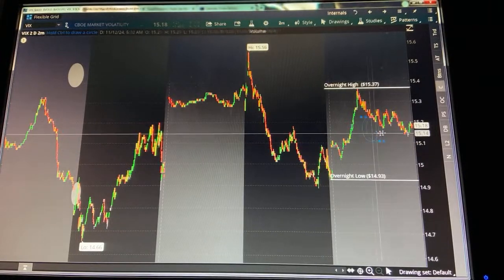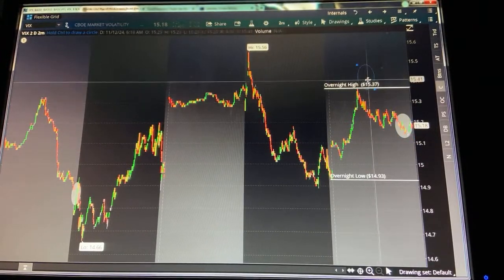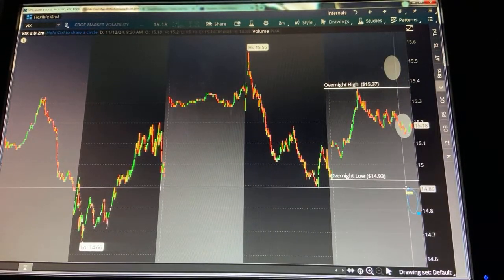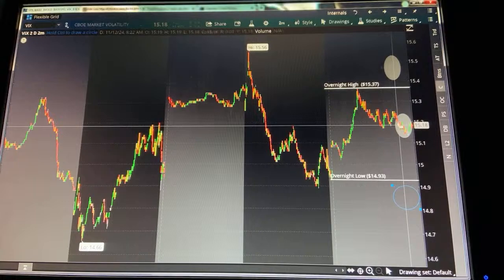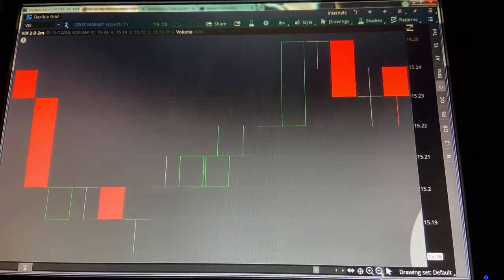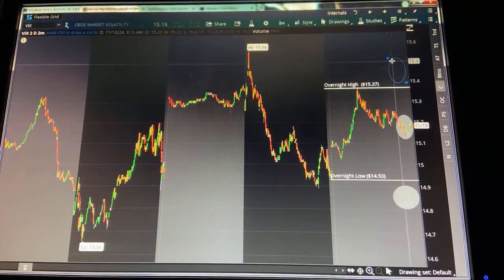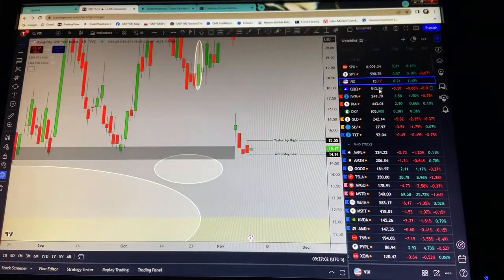All right, kind of map out the midpoint. This is the VIX on a small time frame. All right, if the VIX continues lower, bullish. If the VIX fades and grinds higher, it could be bearish. I would just be careful saying bearish, but we could have a down day, of course.